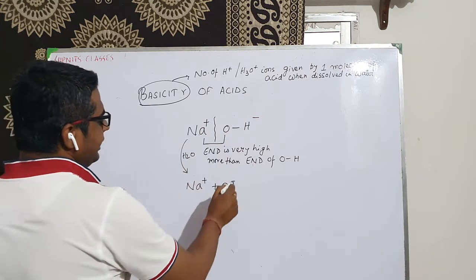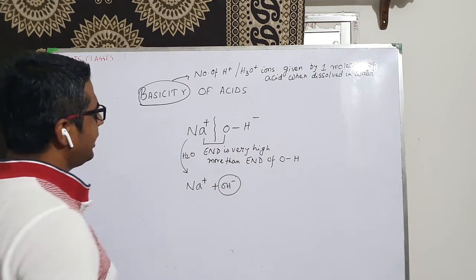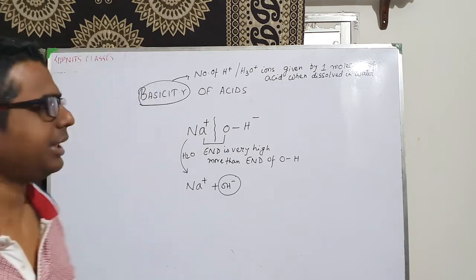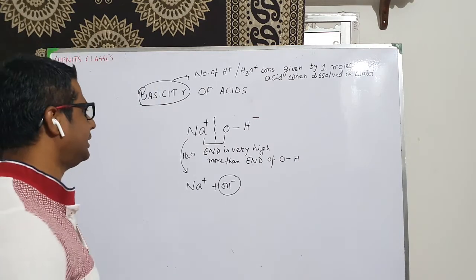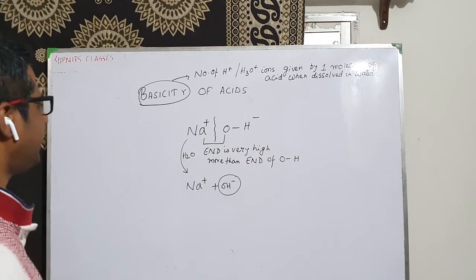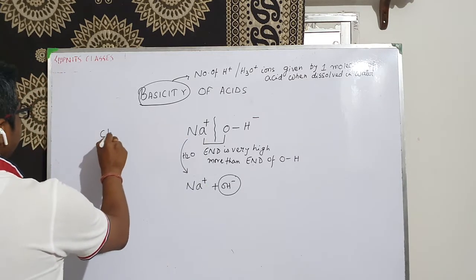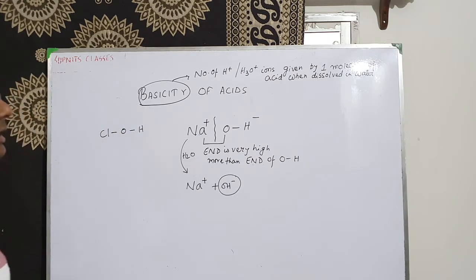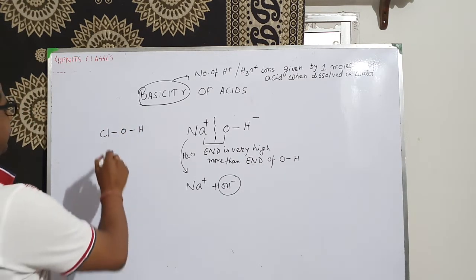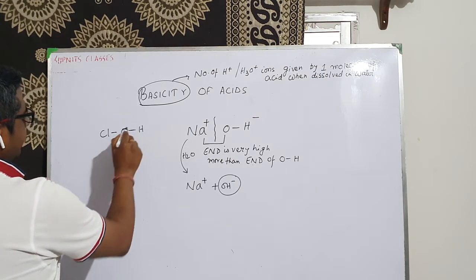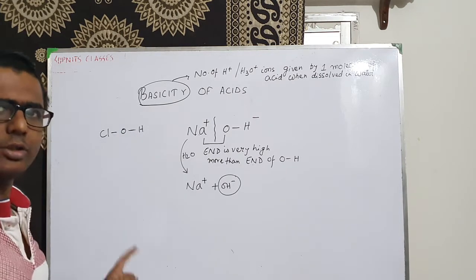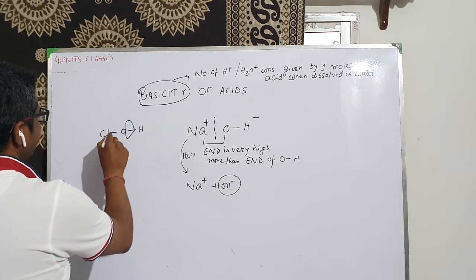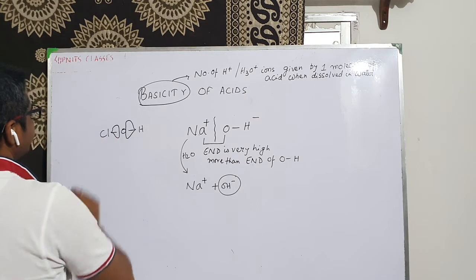Okay? That is why it gives OH minus in the solution, and that is why NaOH is a base, but H2SO4 or anything like that is an acid. Okay? So see, NaOH is a base, but I'll just show you another one, ClOH. Okay. This is an acid. Why? Because here remember, oxygen is much more electronegative than chlorine. So the electronegativity difference over here is much higher. इसमें उतना नहीं है. ठीक है?